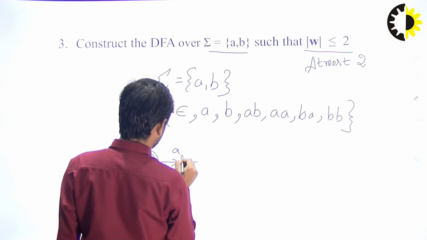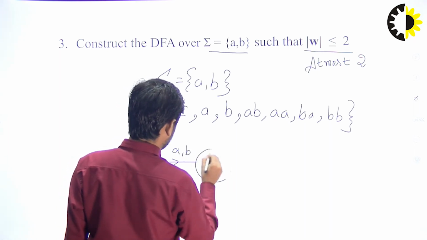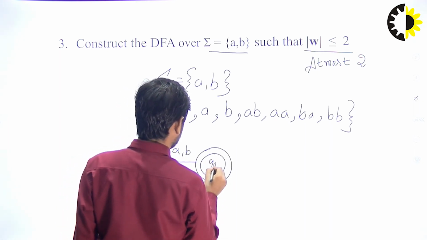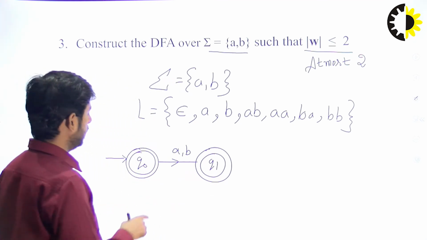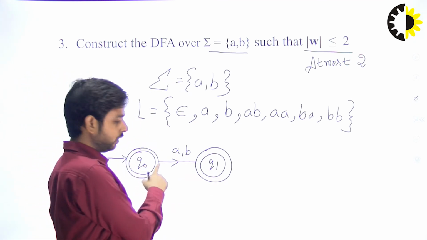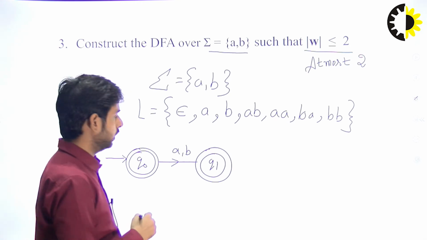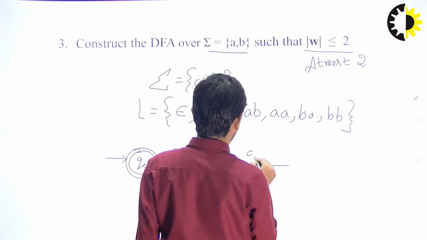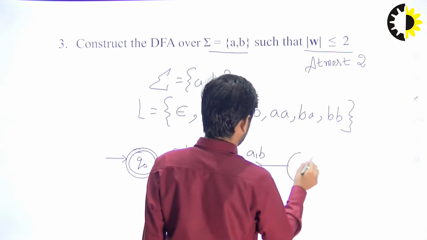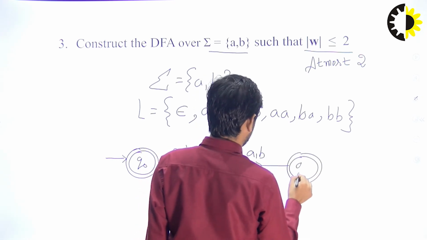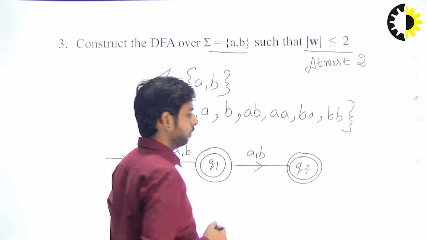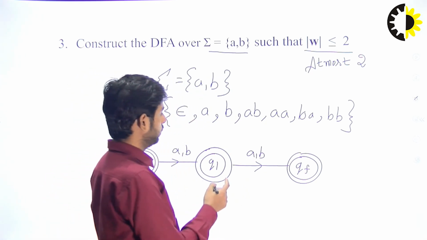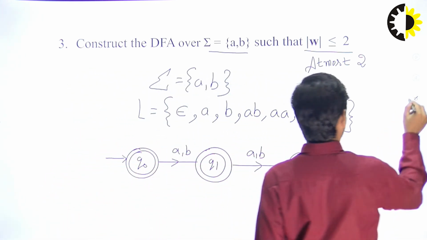So this is also one of the DFAs. It accepts the 0 length string, now this accepts 1 length strings, and on A and B it accepts 2 length strings.